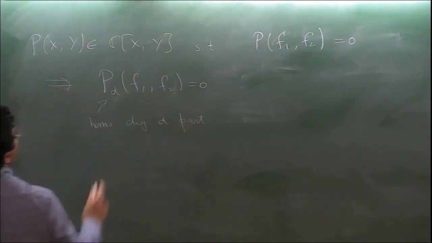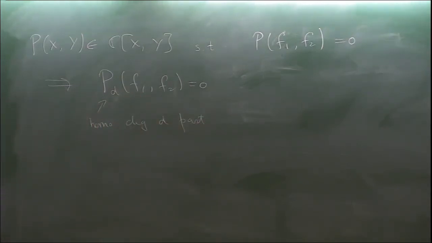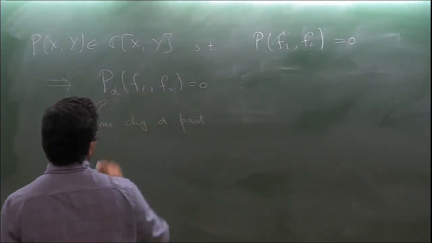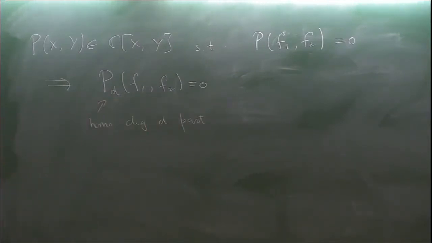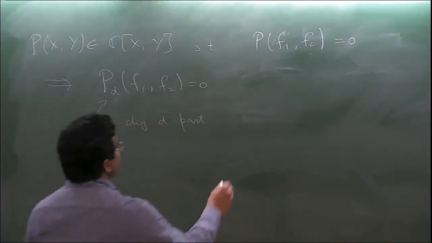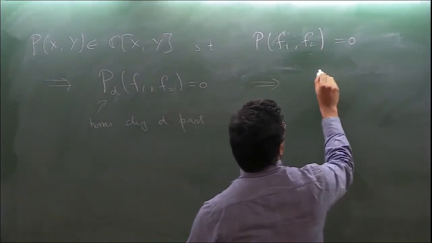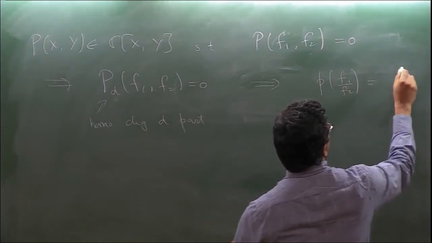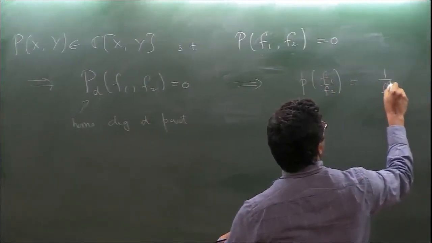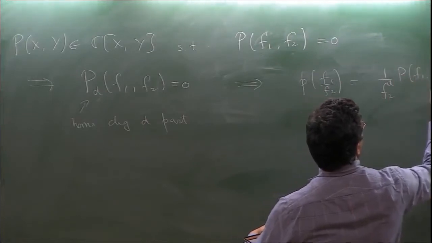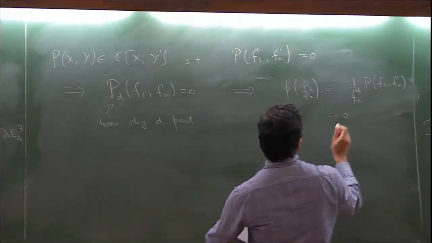You can just figure this out by looking at the weight, since F1 and F2 have the same weight. So each weight part should be 0 in itself, otherwise that doesn't work. And so this implies that P(F1/F2, 1), which is F2 to the d times P(F1, F2), is 0.